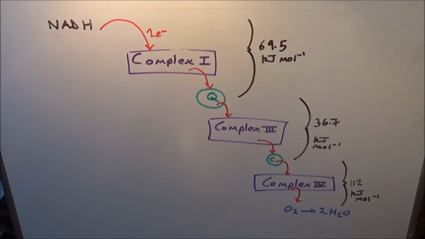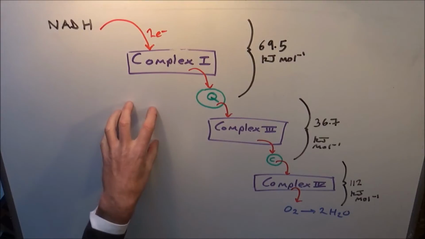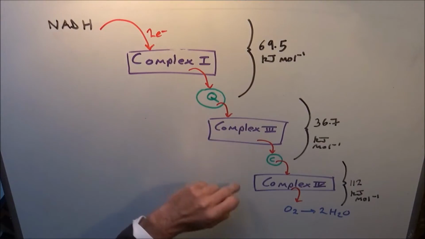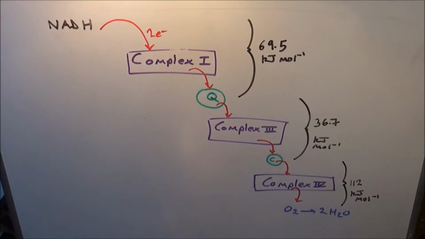In a moment I'm going to show you how they are physically positioned alongside each other in the inner mitochondrial membrane. The main complexes are complexes 1, 3 and 4. There is another complex, complex 2, I will put that on in a moment. These are multi-protein complexes, so they consist of lots of protein subunits.